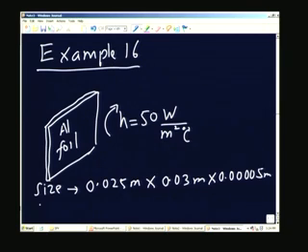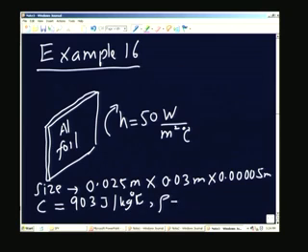And for the properties of aluminum, the value of C, the specific heat capacity, is 903 joules per kg Kelvin or kg degree Celsius, and the density of aluminum is 2700 kg per cubic meter.